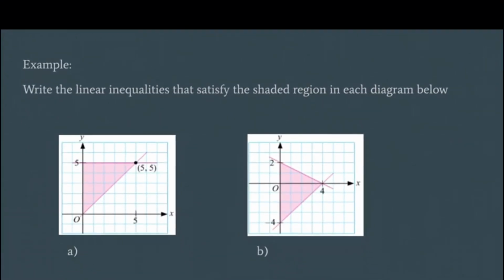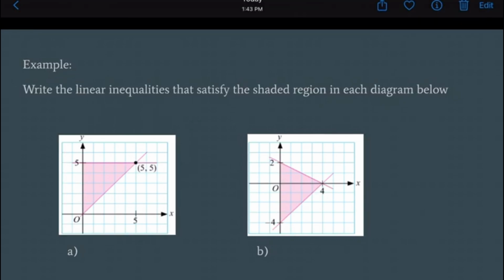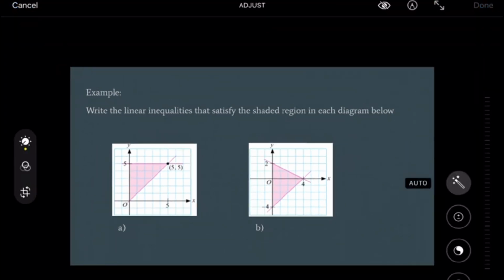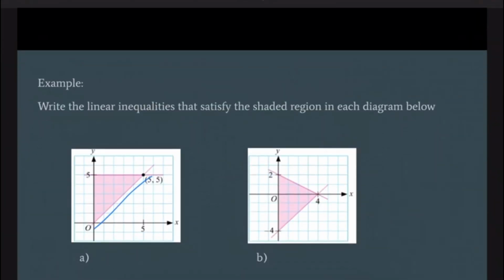Write the linear inequality that satisfies the shaded region in each diagram below. For this question, they want us to write the linear inequalities from each diagram. You can see that in each diagram there are 3 lines.